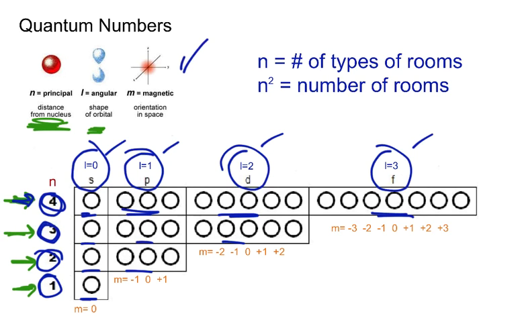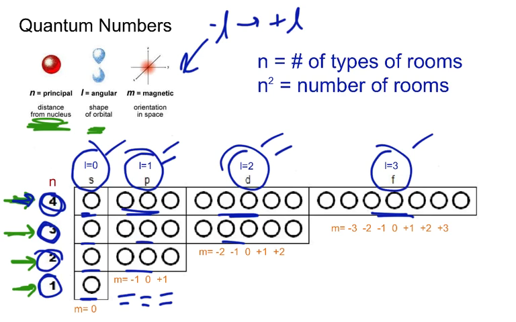The third one, the m quantum number, has to do with the orientation. So if we say p orbitals always come in threes, why are there three orbitals? Because m can have any value from negative l up to positive l. So let's say that l equals 1, then m could be negative 1, 0, or positive 1.